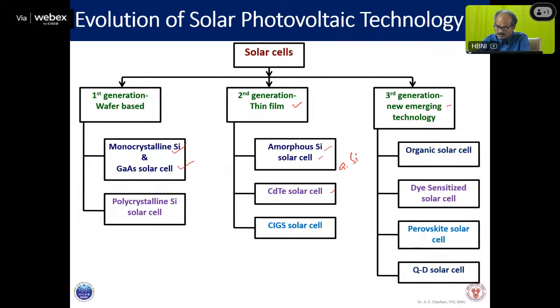These are the different kinds of solar cells under this generation: organic solar cells, dye sensitized solar cells, perovskite solar cells, and quantum dot solar cells. One by one, we will see all these kinds of solar cells, what these solar cells are, how they work, and how to produce these.